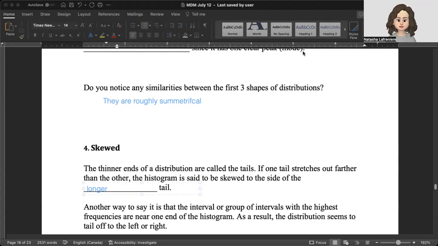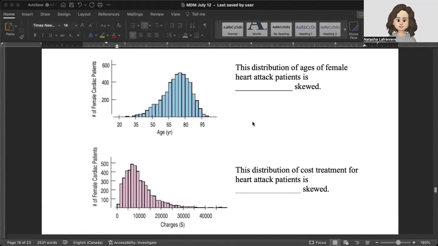Okay, so I'm going to clear this and we're going to finish up this lesson. This distribution of ages of female heart attack patients, you can see that the peak here is leaning on the right side. So you say that it is right skewed.